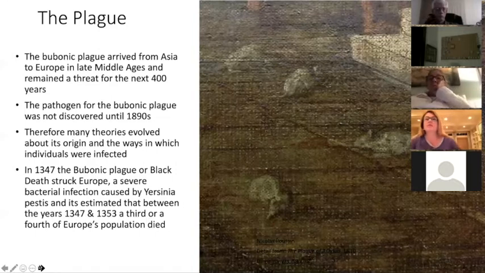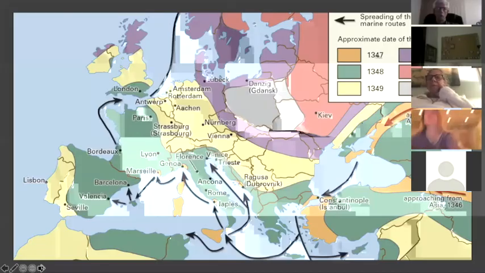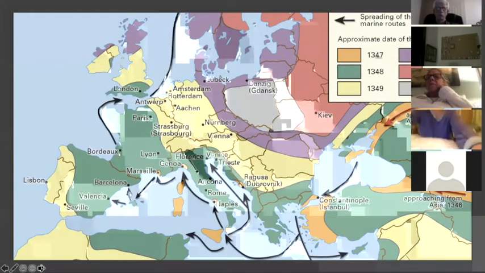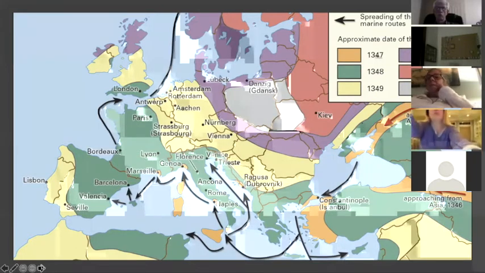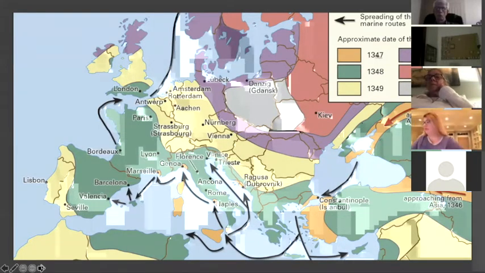If we look at this map, it gives us an idea of how rapidly it spread. If you look at the orange, it spread through the ports, basically via Asia trade, so vessels coming through Asia back into Europe.